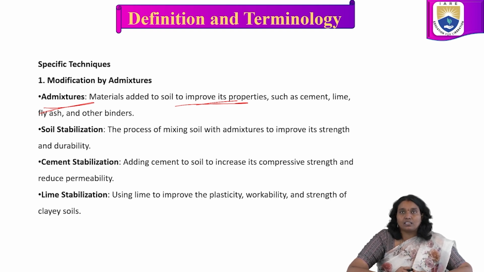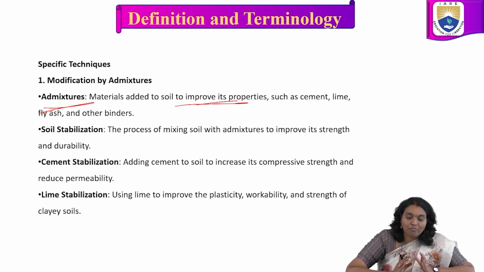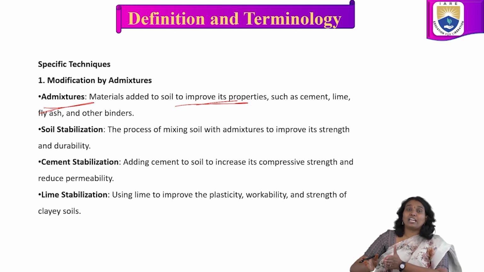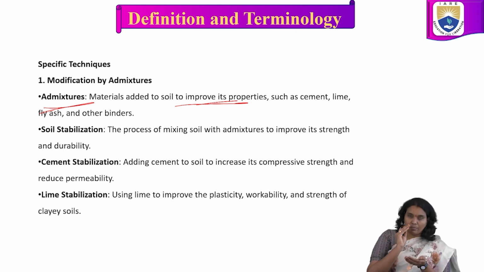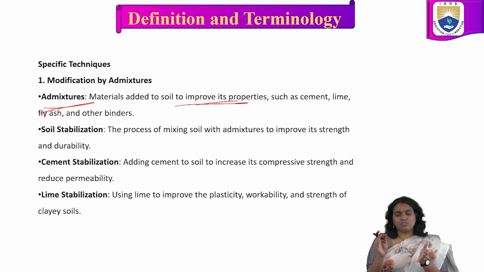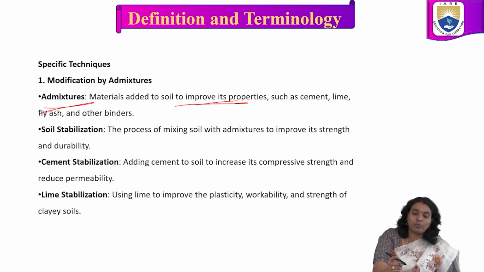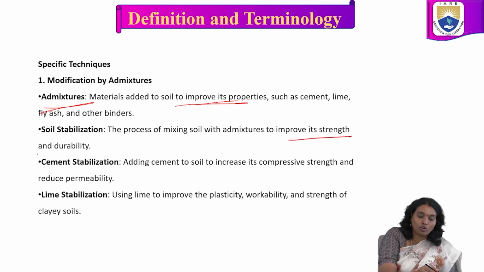Soil stabilization is the process of mixing soil with admixtures to improve its strength and durability. Once the complete process of mixing the soil with these admixtures is done, the outcome is improved strength and durability.